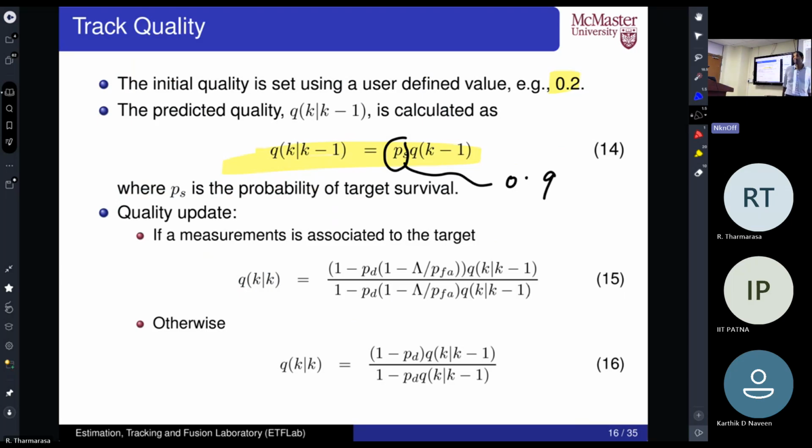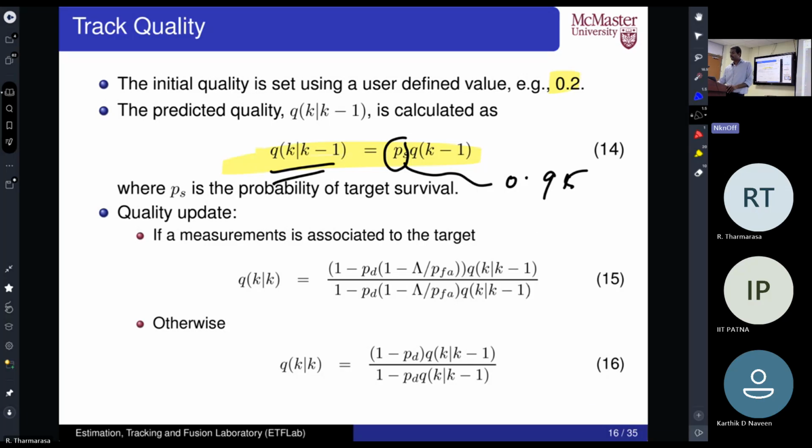If the target is there in the last frame, what is the probability of having the target in the next frame? Usually we don't put 1, so we use 0.9 or 0.95. This is like a predicted quality, similar to Kalman filters. Instead of a predicted state, this is the predicted quality of that track. Then this is the update equation.